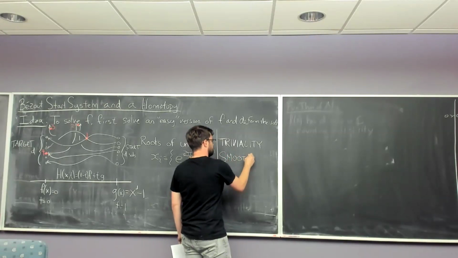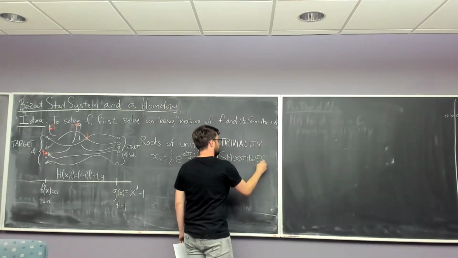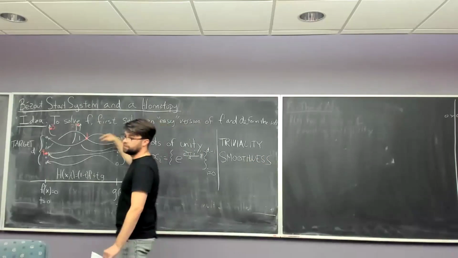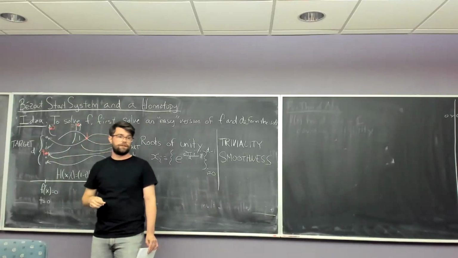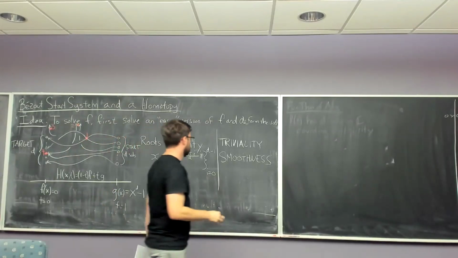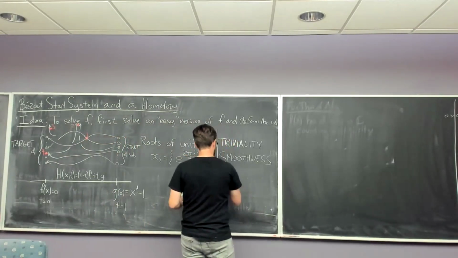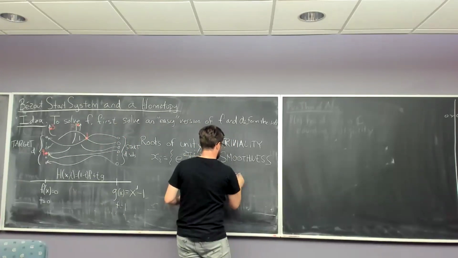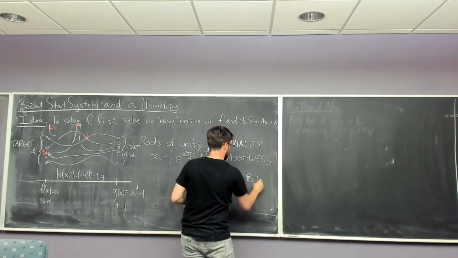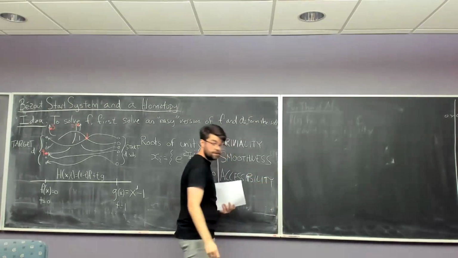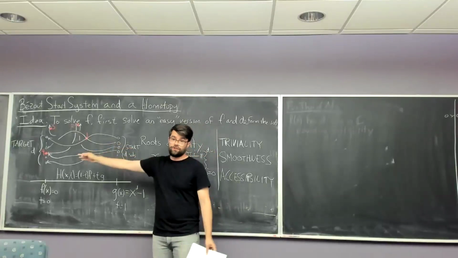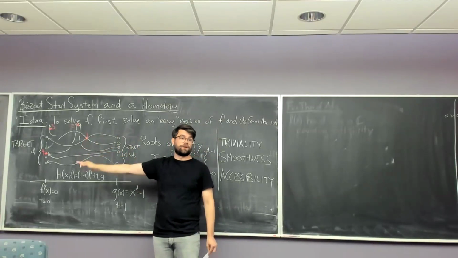Second is smoothness. These paths are smooth, they don't cross, they don't go up to infinity. And accessibility. All target solutions may be accessed via one of these paths.